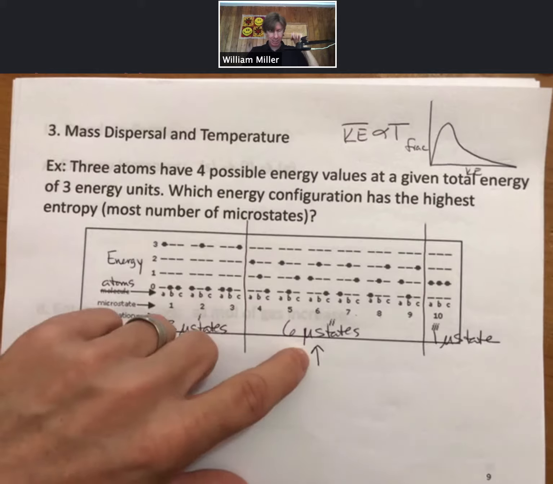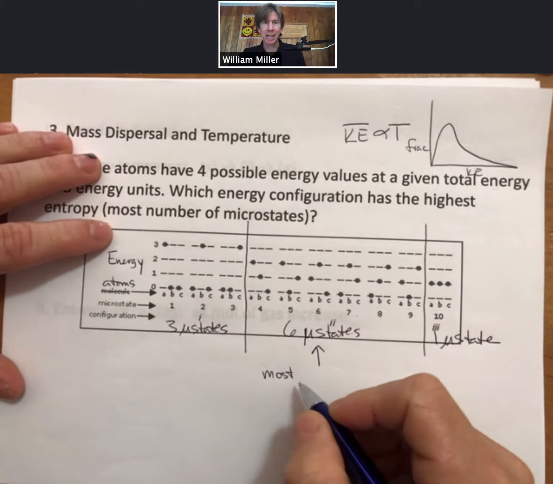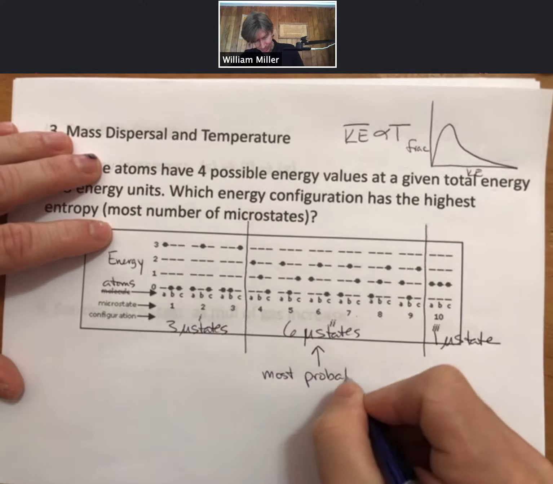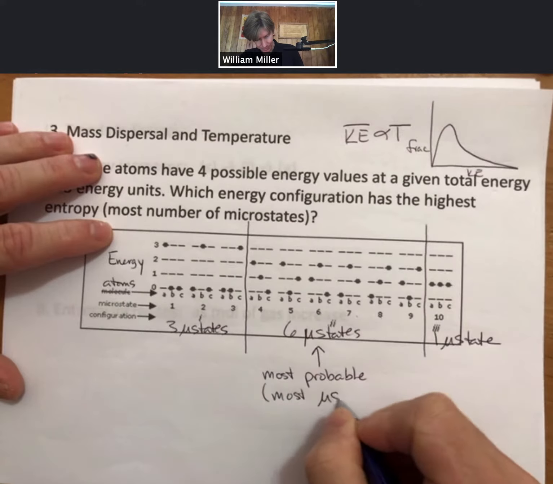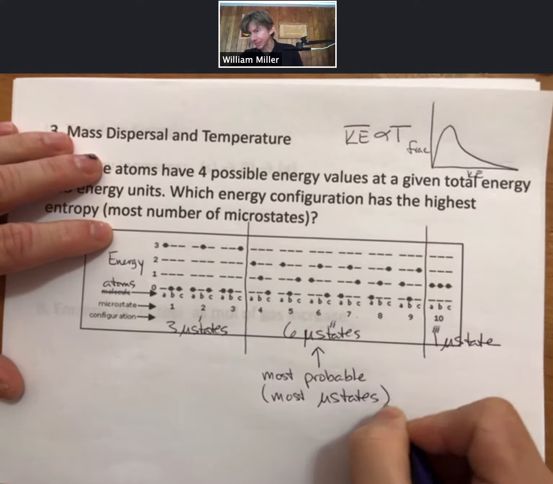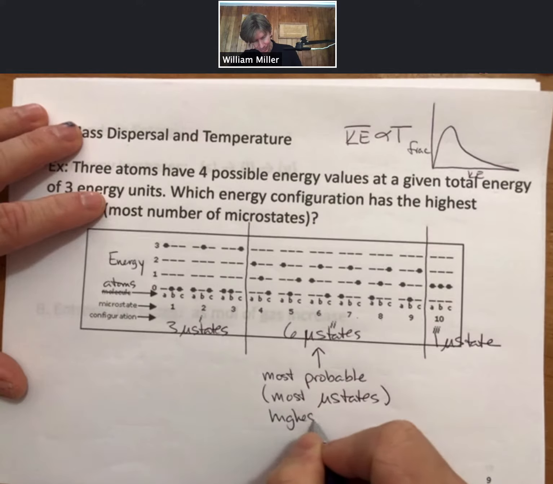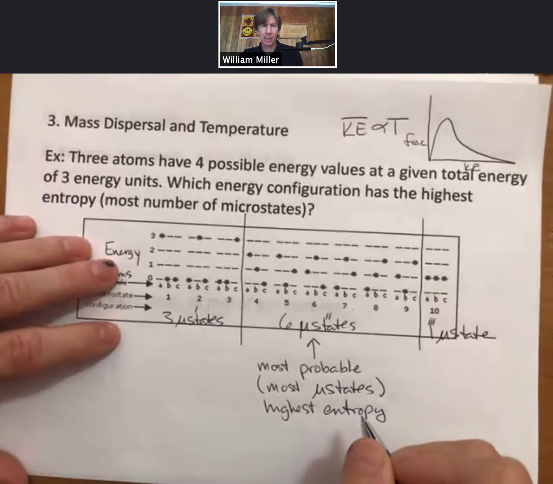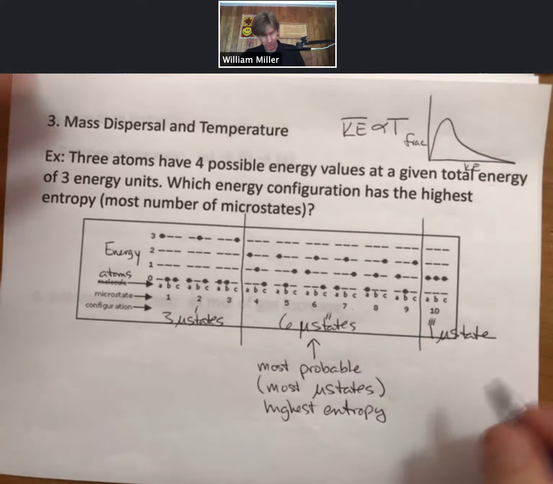So the 6 microstates is the most probable because it has the most microstates. Most probable, most microstates, and highest entropy. And the energy is spread out the most.